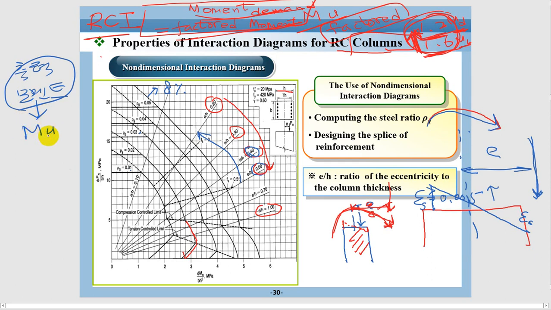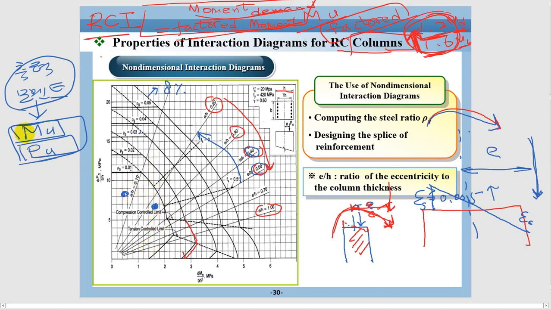We calculate factored moment and factored axial force so that we know these two values, and these two values must be located inside of the PM diagram that we are looking at, right?